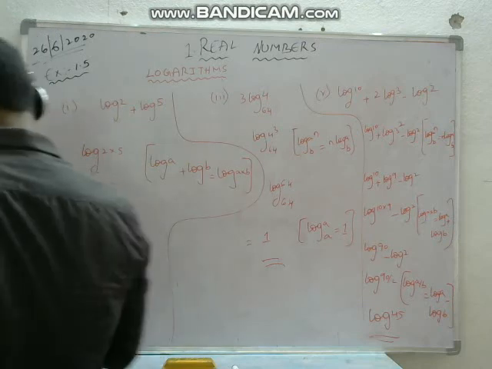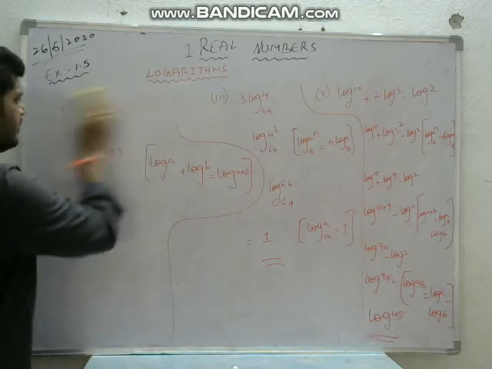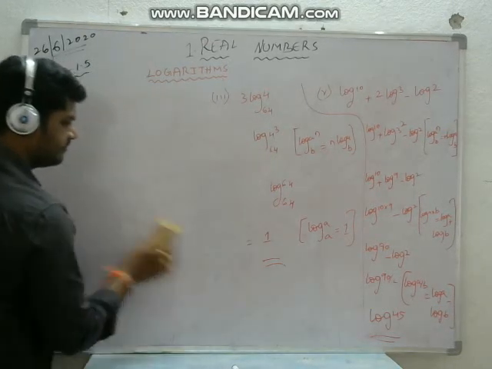So simple. You can find all the values of logarithms using only the identities. So I am repeating the identities once again. You have to memorize these identities to solve the problems of logarithms. Observe carefully and memorize.